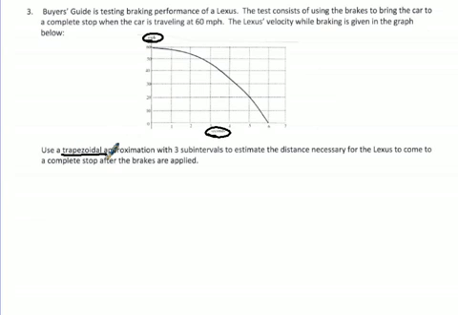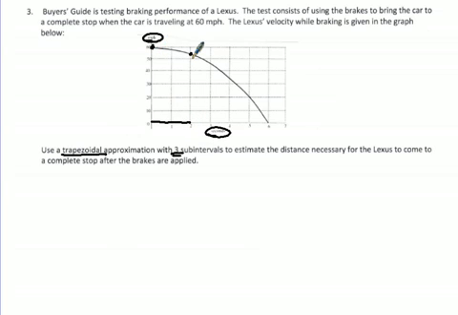We're going to use the trapezoidal approximation, 3 subintervals, to estimate the distance necessary for the Lexus to come to a complete stop. Now notice I'm starting at time 0 and stopping at time 6. If I'm going to divide that into 3 subintervals, that means each of my subintervals is going to be 2 seconds long.